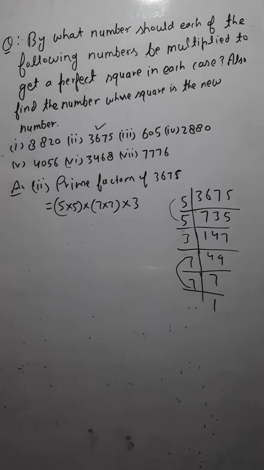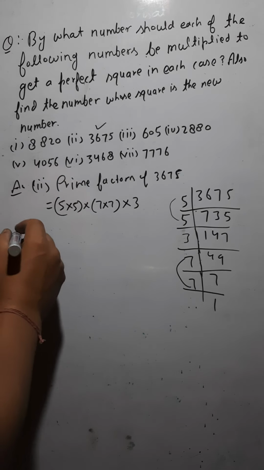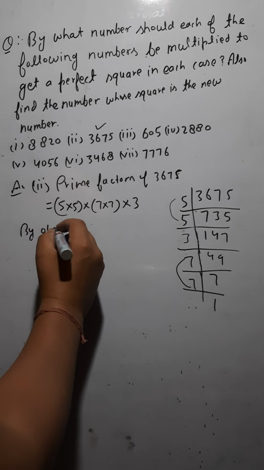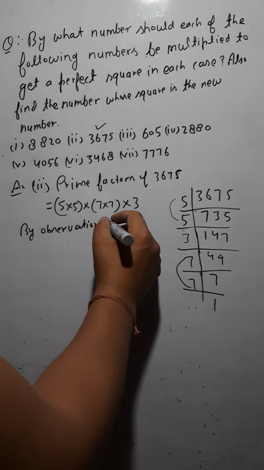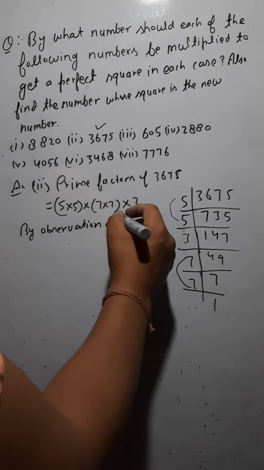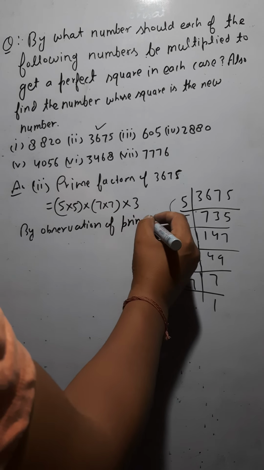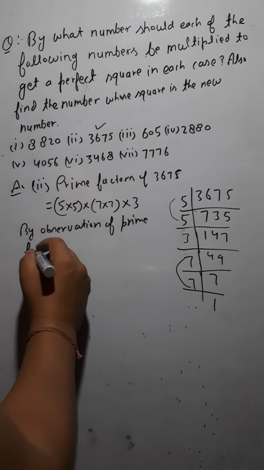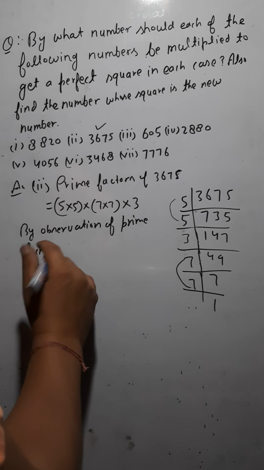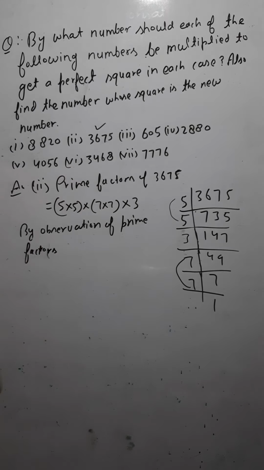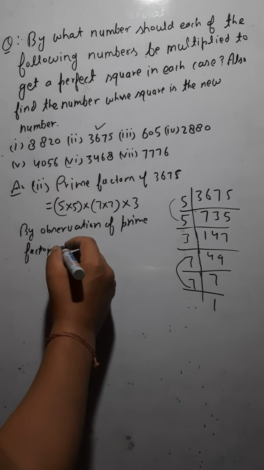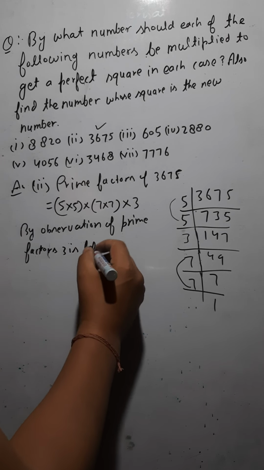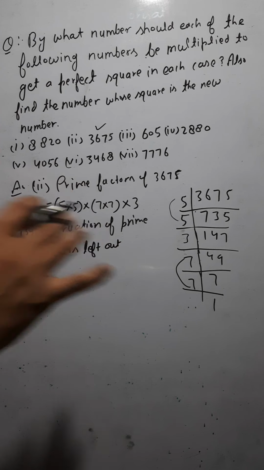So here you write, by observation of prime factors, 3 is left out, means 3 is not having its pair. 3 is left out.